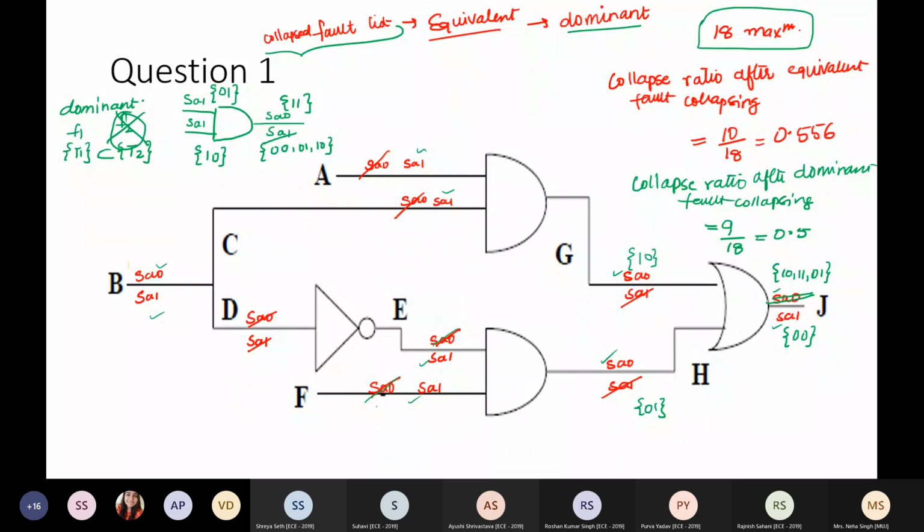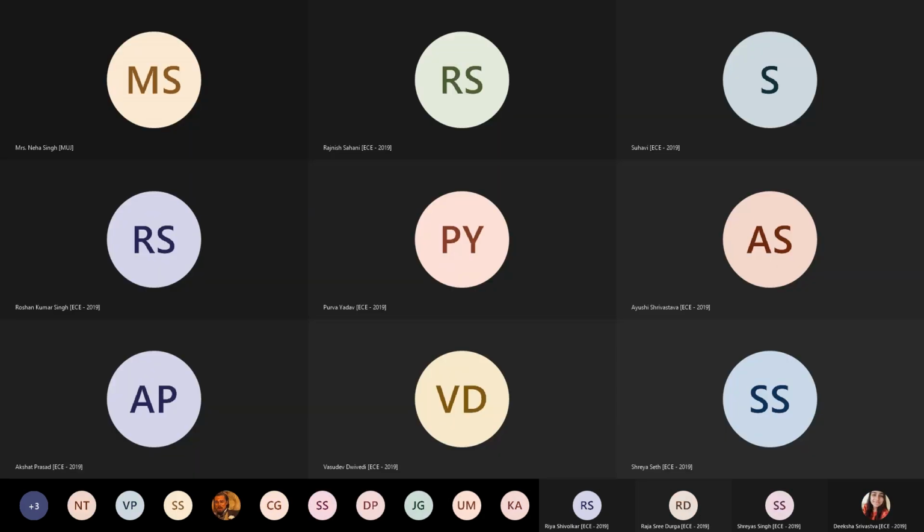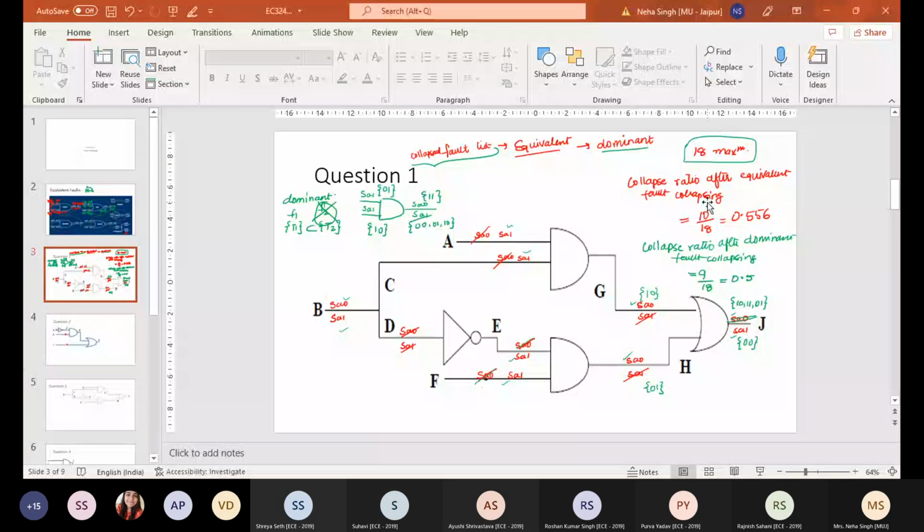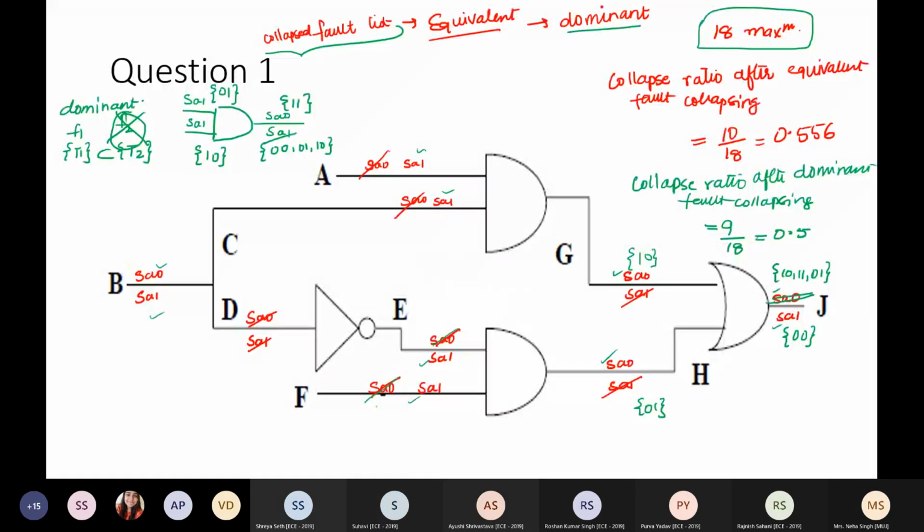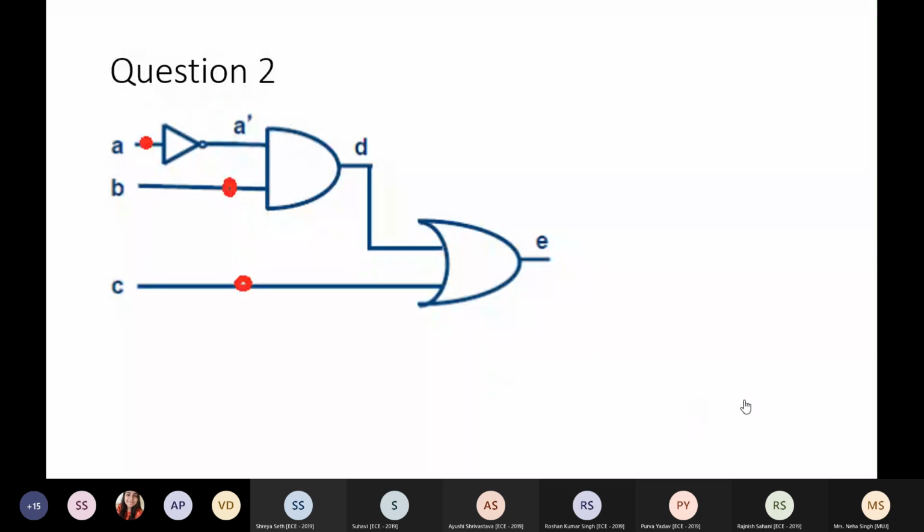Look at the second question. Are the slides visible?